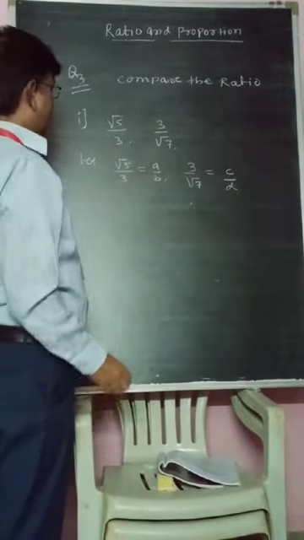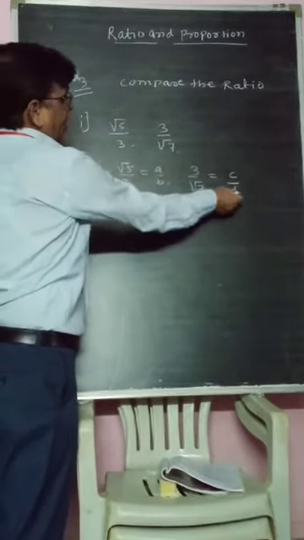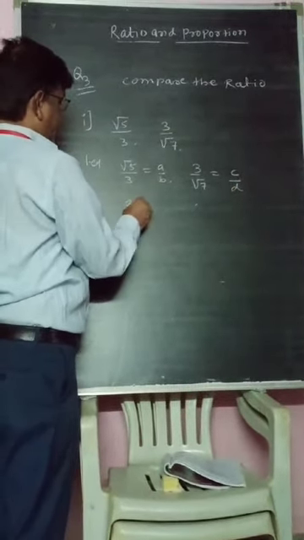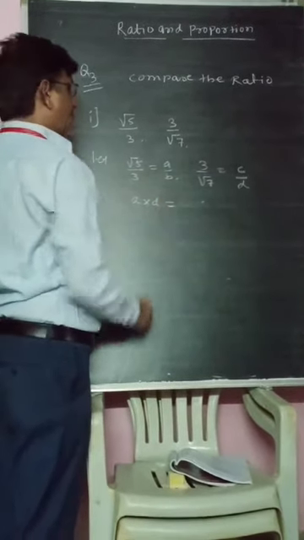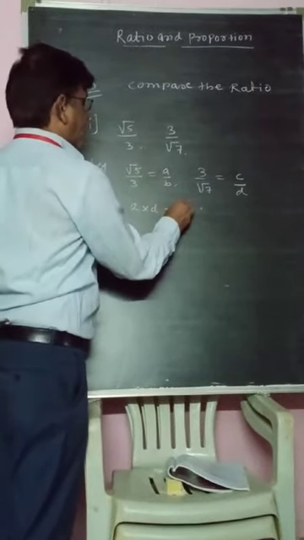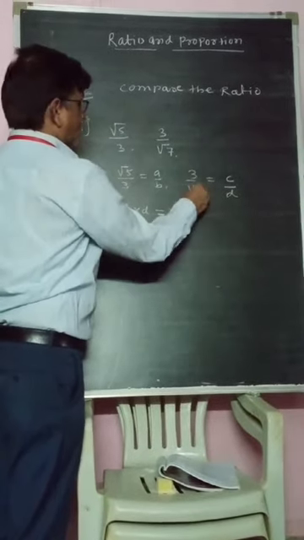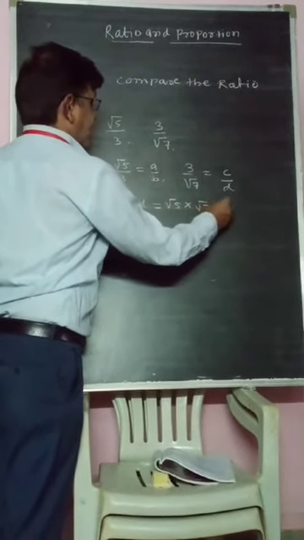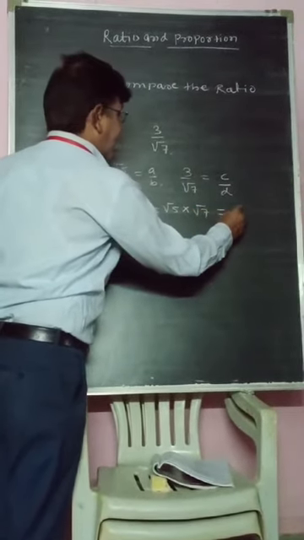Then first you have to find a into d, which is root 5 into root 7, you get root 35.